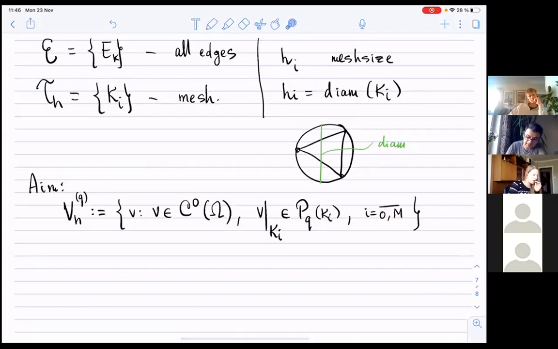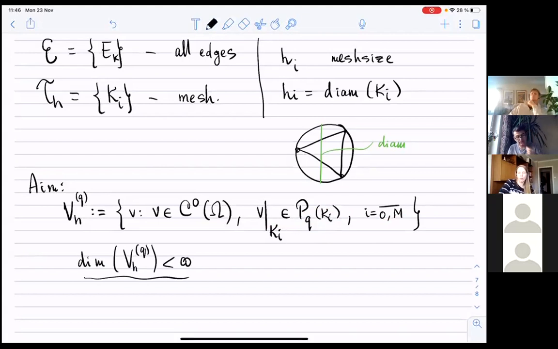We have M plus 1 K's. So that gives that the dimension of VHQ will be finite. And this is something that we are looking for. And the question now is how to construct these polynomials. So this is the question at this point: how to construct this polynomial space.